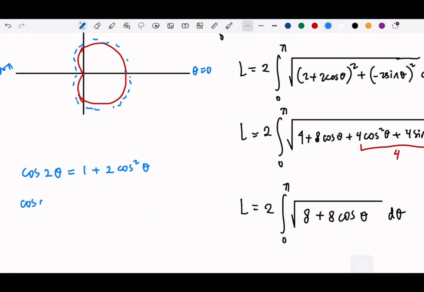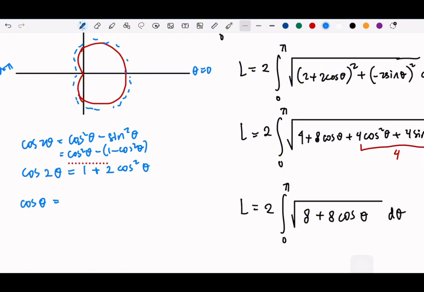So if we have cosine, minus or plus? Minus, right? No need, I think I will just prove this myself. So it should be cosine squared minus 1.